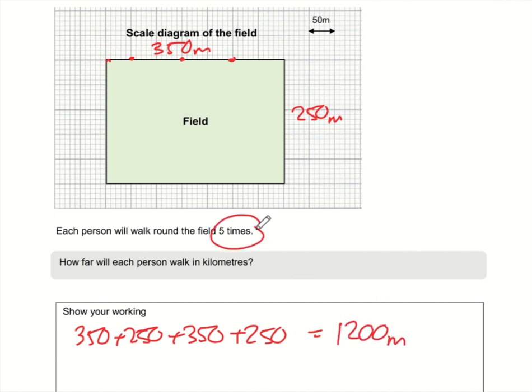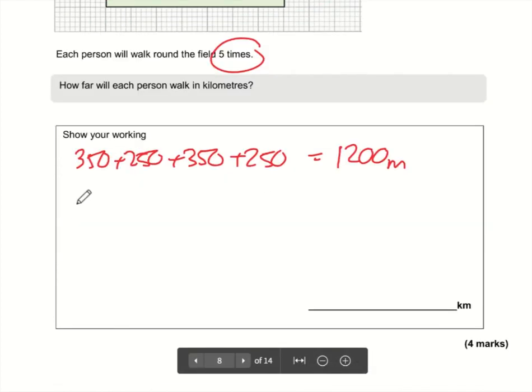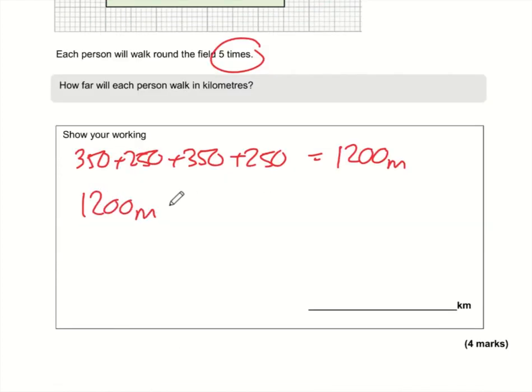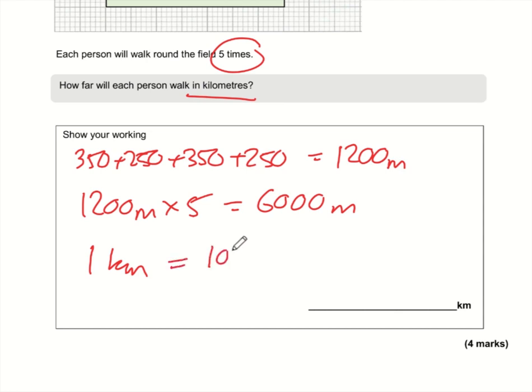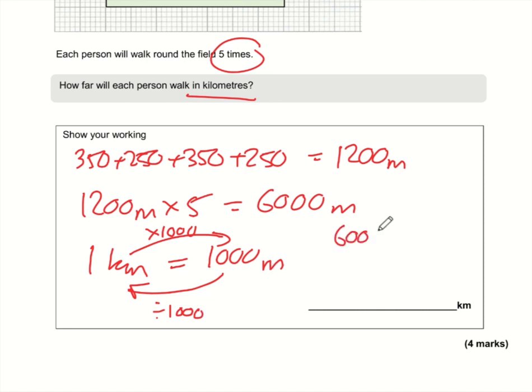Now he's going to go around the field 5 times. So we want 1,200 meters times by 5, which is 6,000 metres, and we want this in kilometres. Well, 1 kilometre is 1,000 metres. So when we're going from kilometres to metres, we multiply by 1,000. So if we're going in the other direction, we divide by 1,000, and 6,000 divided by 1,000 is 6 kilometres.